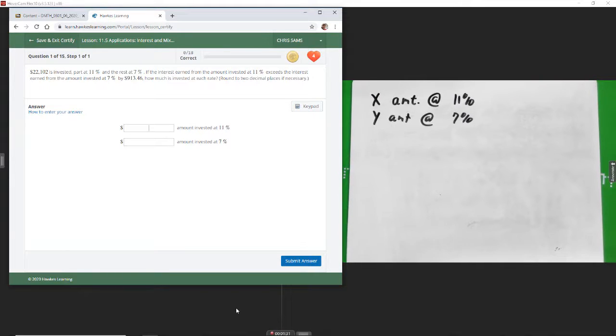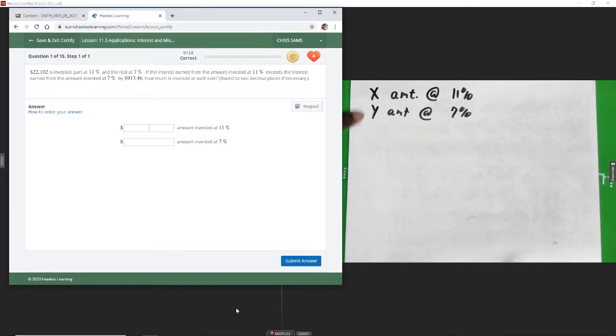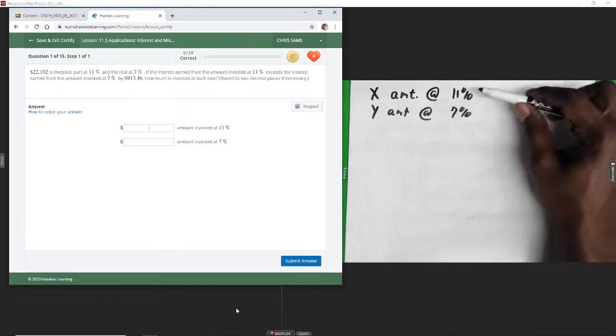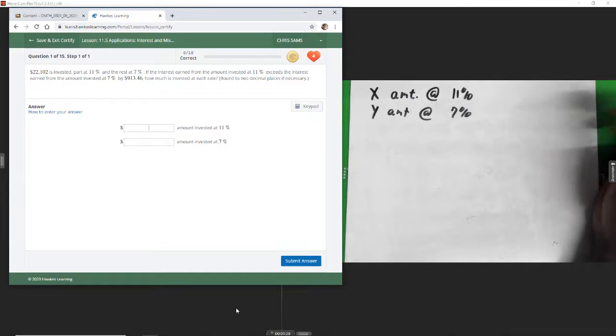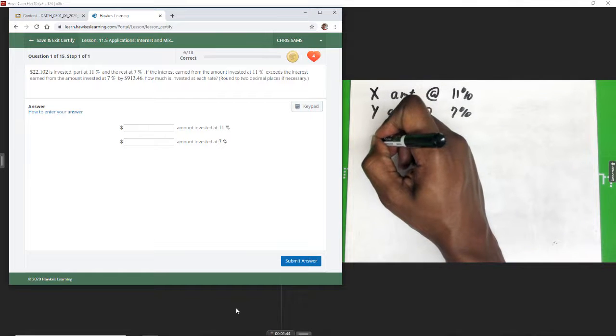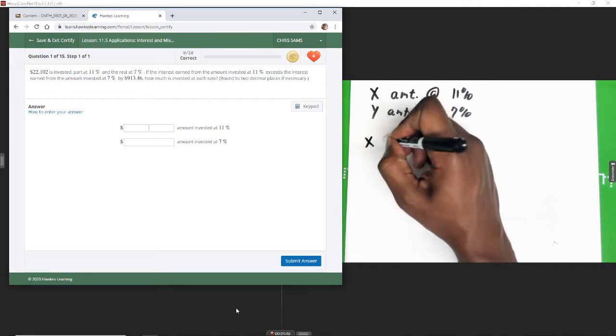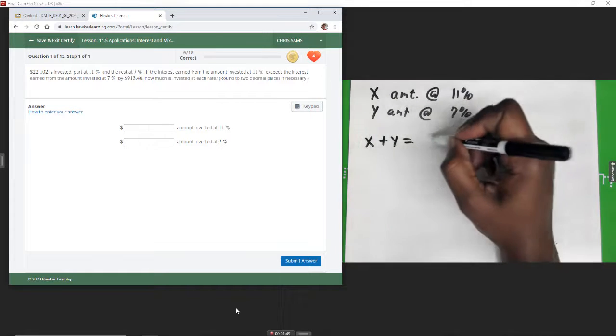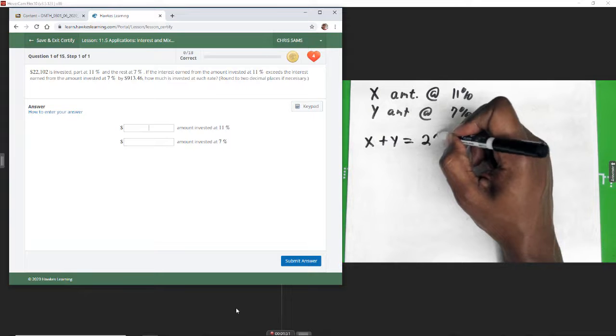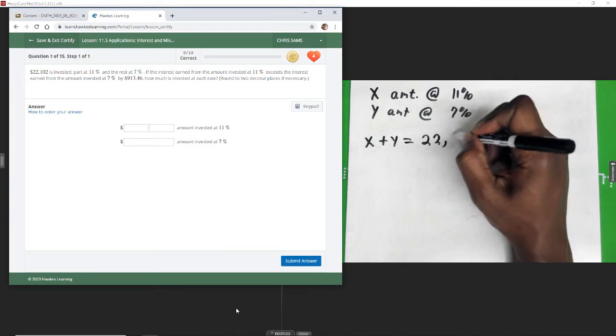We do know the total amount of money. So these x and y are amounts of money. These are the percentages that they were invested at. But since we know the total is 22,102, if I add these two amounts of money, x plus y, that will equal the total amount of money that was invested, the 22,102.